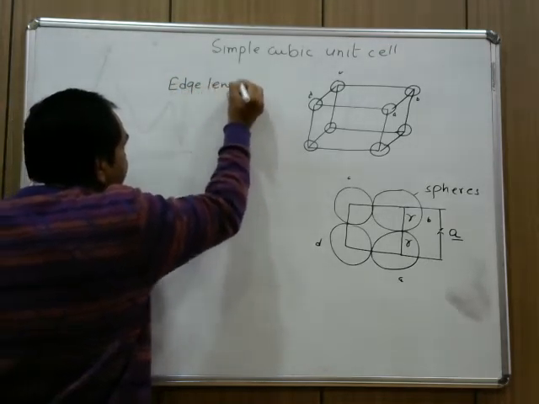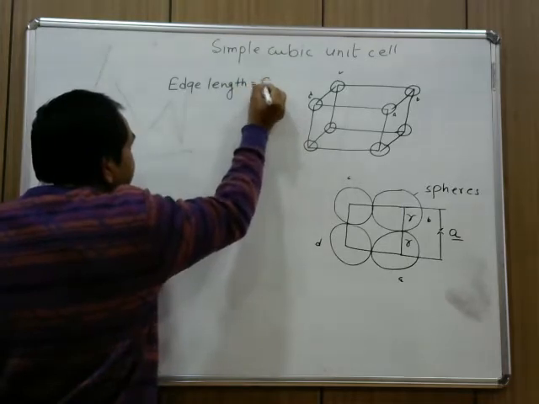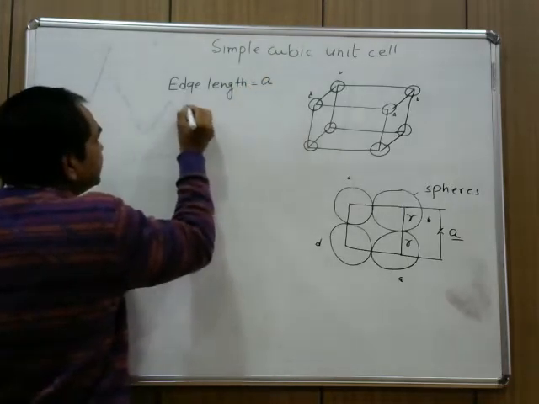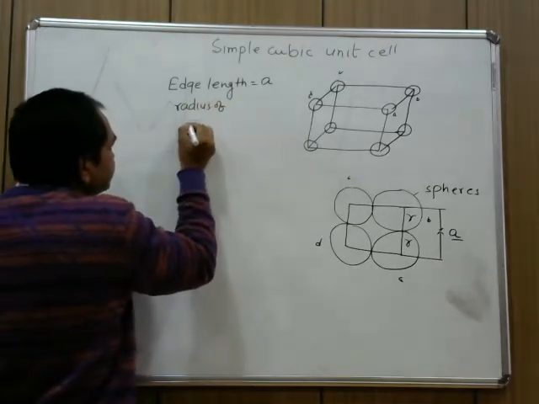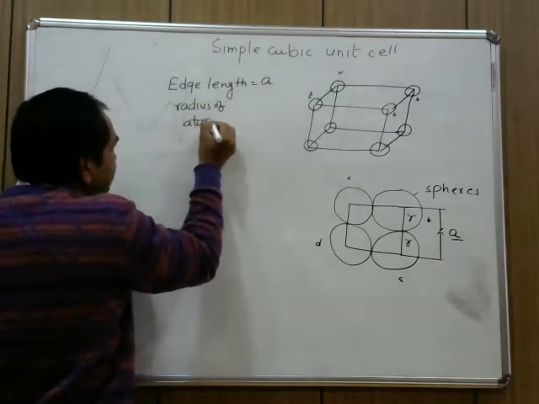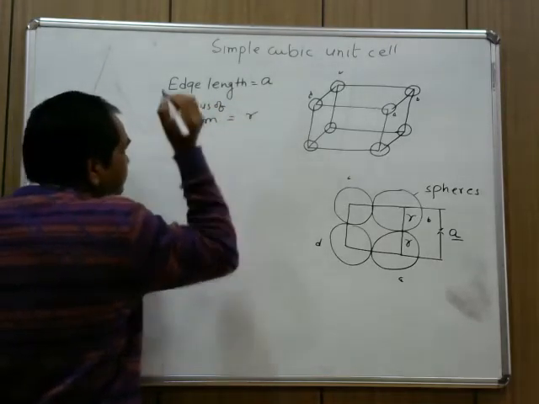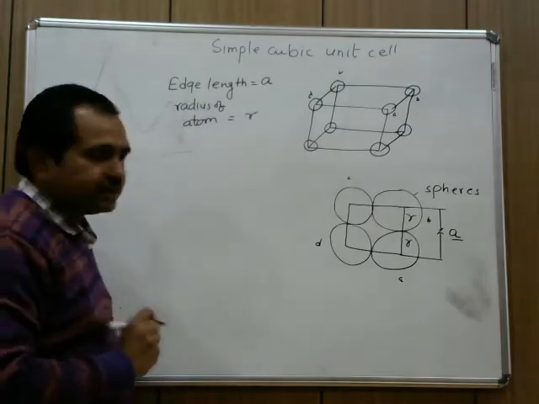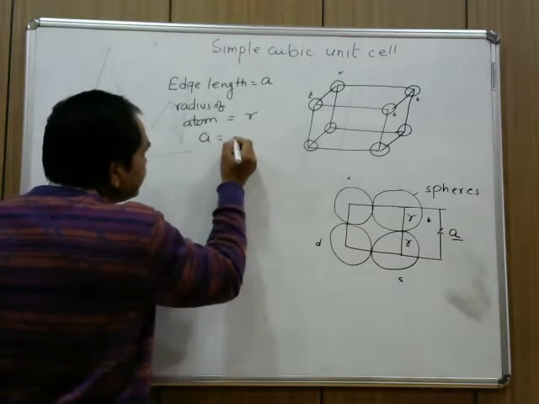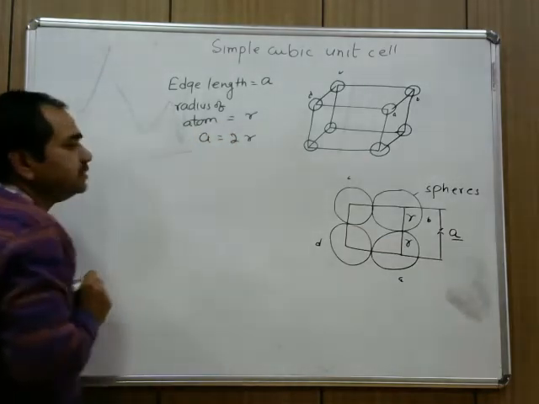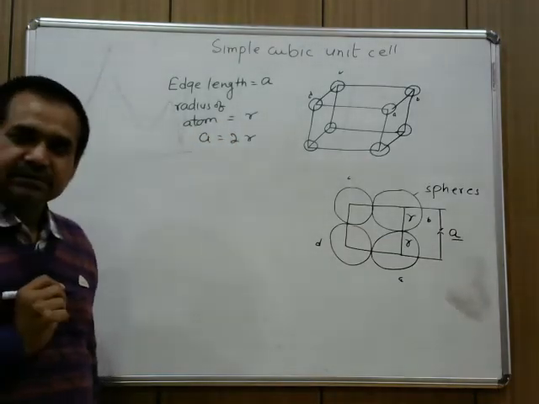So the edge length is given by a, and the radius of the atom is equal to r. So from here we can say that a is equal to 2r.